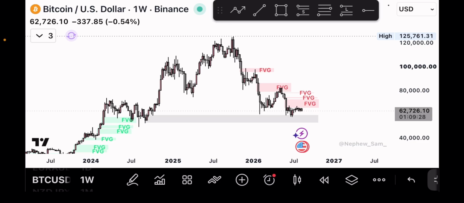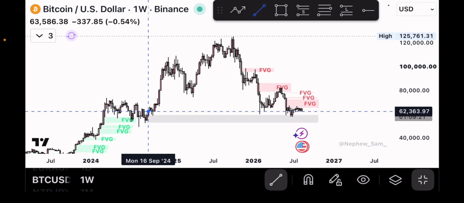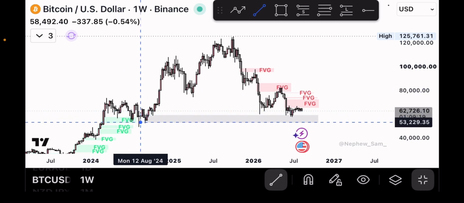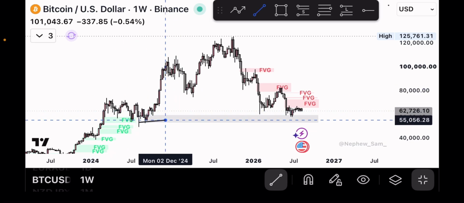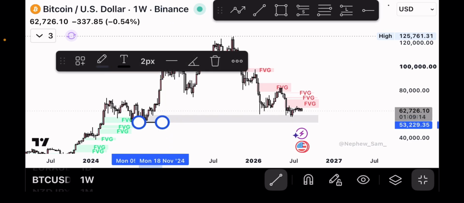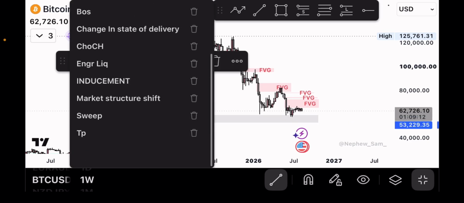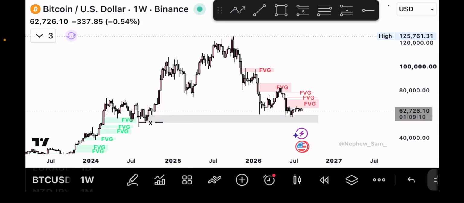And another thing to notice, price swept liquidity before creating that order block. So that shows that this is a strong demand zone because price has already swept liquidity. So we have our liquidity sweep.